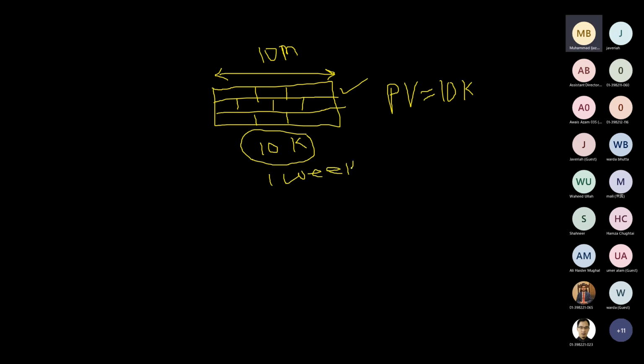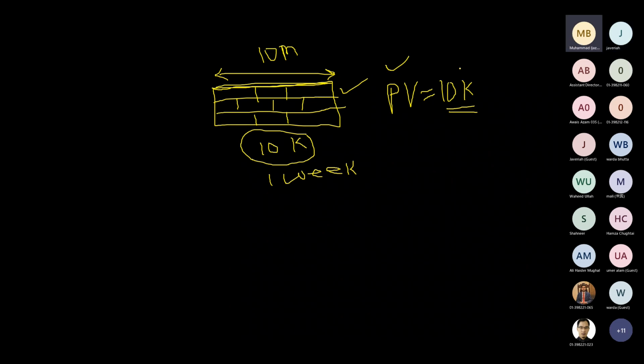Now there are many ways to narrate this fact. For example, I can say, what is the planned value for the first week? It is 10,000. What is the planned value to build the wall? It is 10,000, in 1 week. And what is the approved budget for this wall? 10,000.